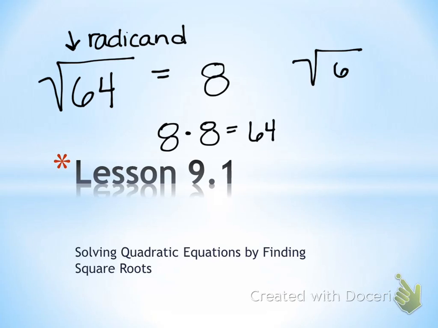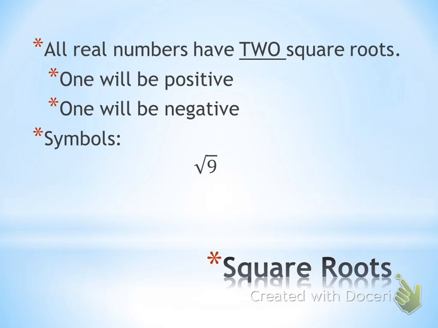So is there any number at all that is the square root of 6? No. So what you could do then is plug it in your calculator and get a decimal for it, which is what we're going to do in this lesson. We'll learn how to simplify the radical later on in this chapter, but for right now, we're just going to use the decimal, okay?